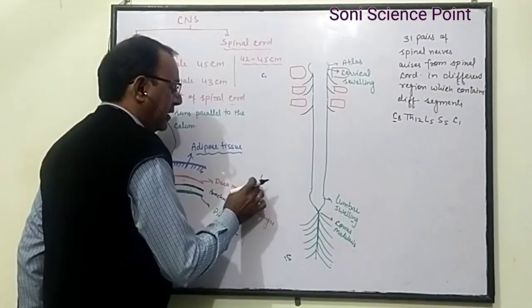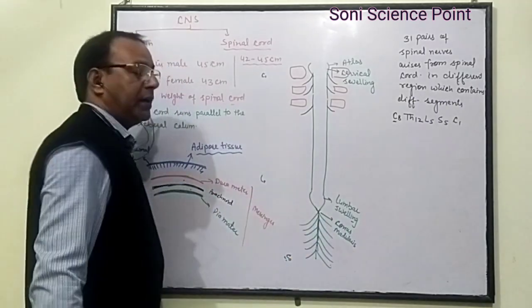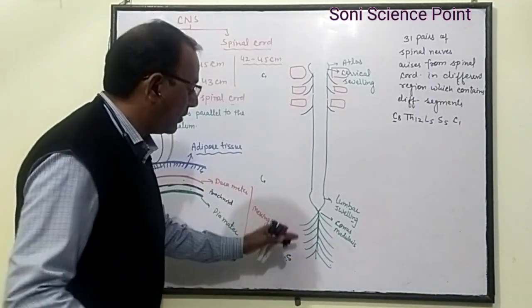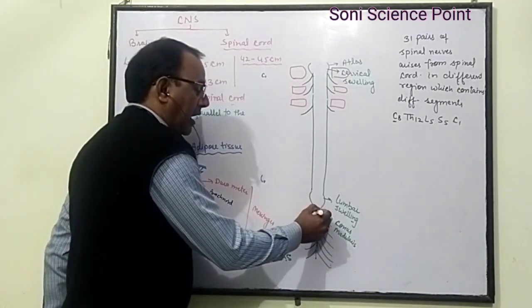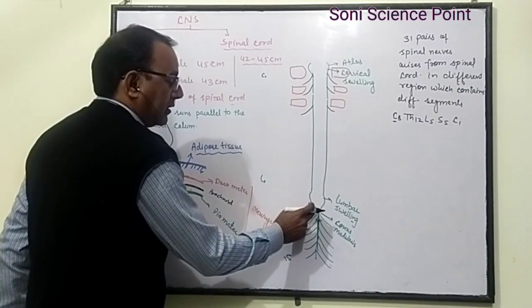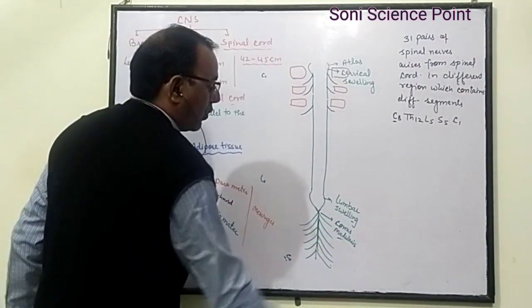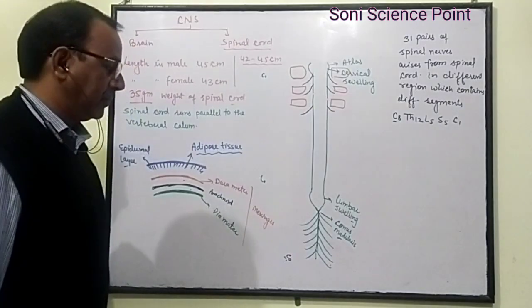But we have seen that after lumbar 1, the spinal cord is no longer present as a cord; it continues as spinal nerves. The lower portion at lumbar 1 is known as the conus medullaris. Clear?